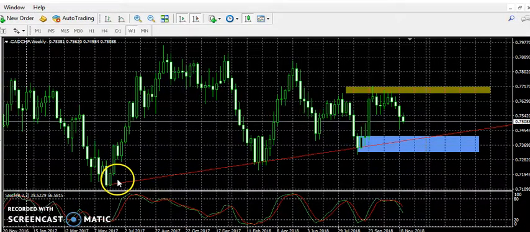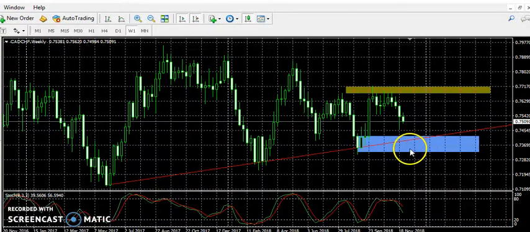And as we know, where price is respected on the trend line, demand is created there. So we have the trend line here, we have demand here, trend line here, demand created here, trend line here respected, demand created here. And if price comes down into our demand zone here, price would be respected here.